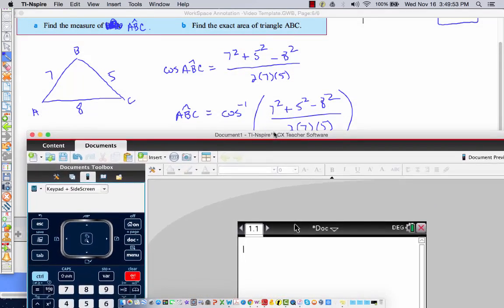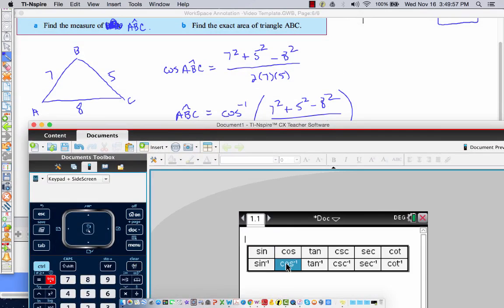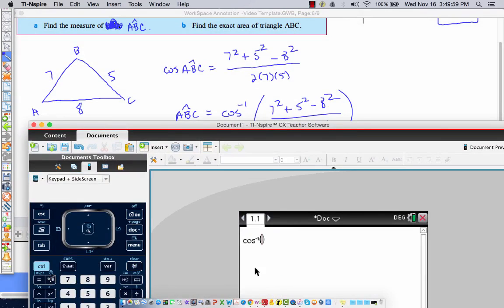Okay, so arc cosine, so trig, arc or inverse cosine. I love the little fraction bar, and I have a fraction, so I'm going to do it. So I'm going to do 7, hopefully I'll remember the squareds, plus 5 squared minus 8 squared all over, and what is it?